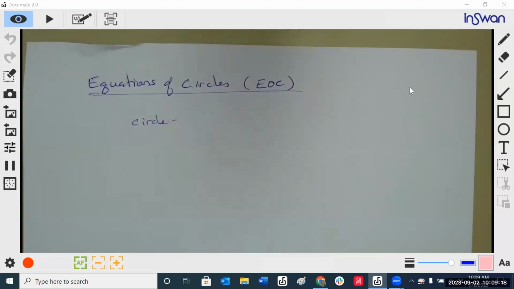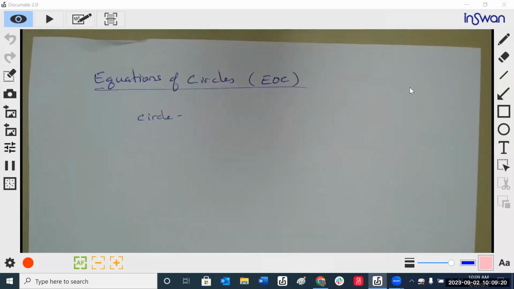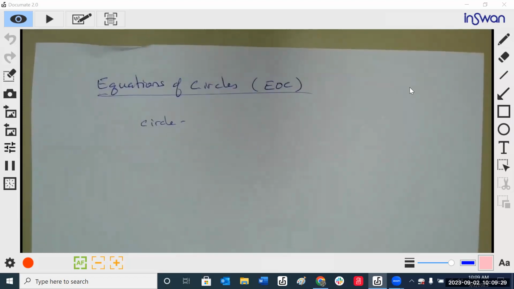Try to define that without using the word circle. It's what kind of shape? Round, but round is a circle.